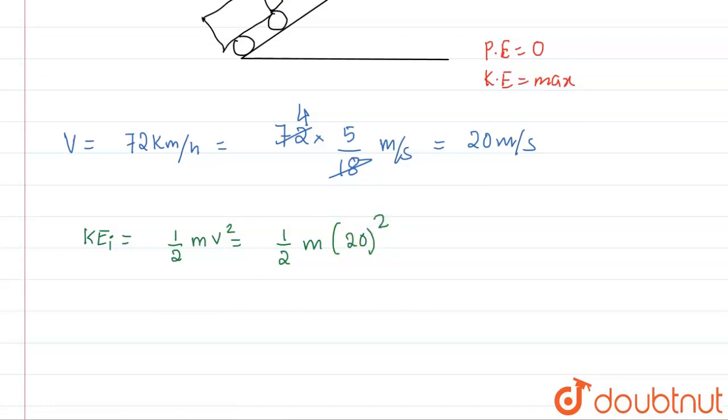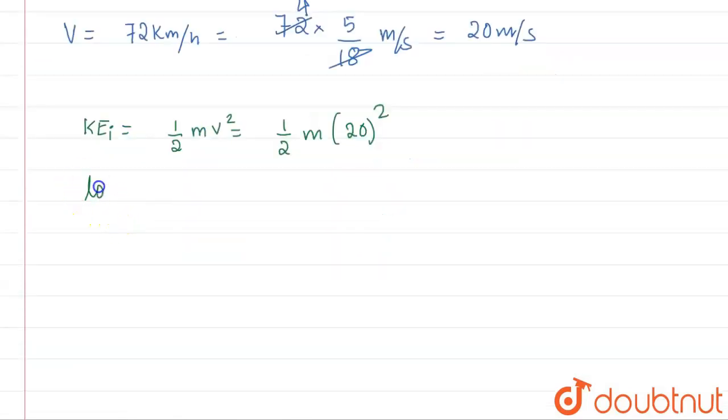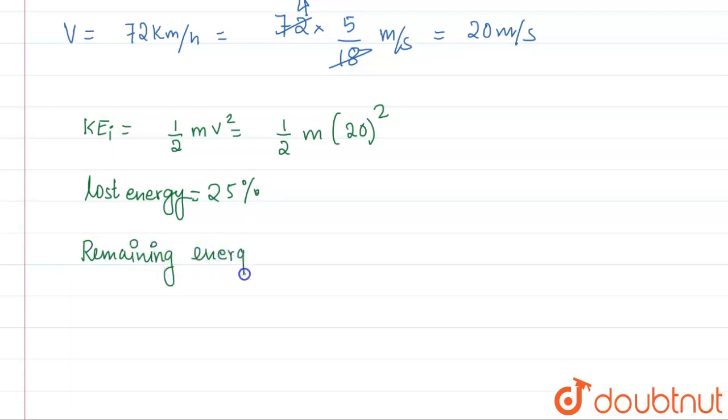And the lost energy is equal to 25%. That means the remaining energy will be 100 minus 25, which is 75%. So we have to consider 75% of this energy.